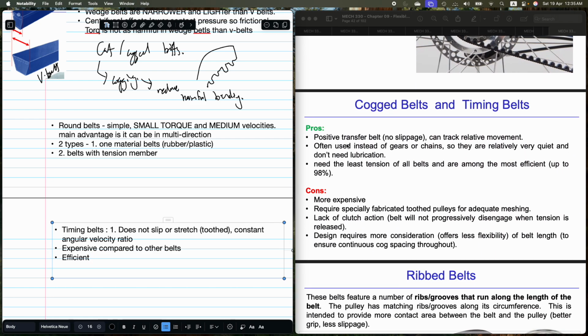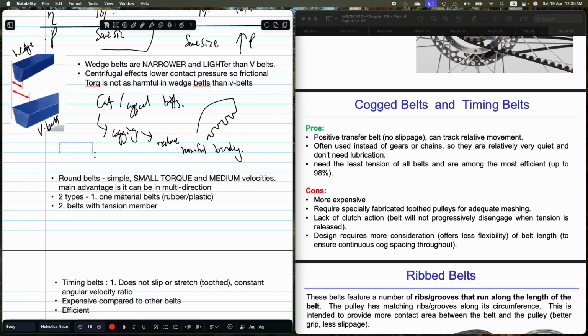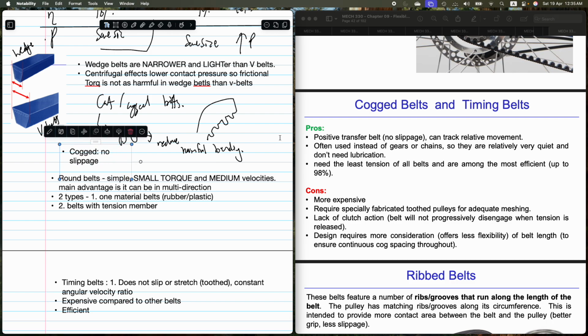Pros: positive transfer belts, so they can track relative movement. So even cog belts. Okay, let's write over here. Cog belts: there is no slippage either. Often used to replace gear or chain drives, so they're relatively quiet, don't need lubrication.